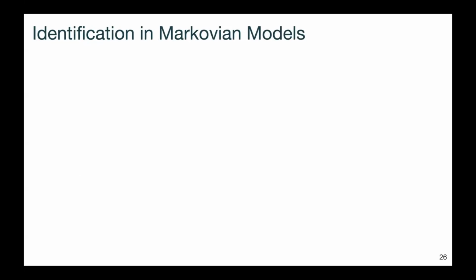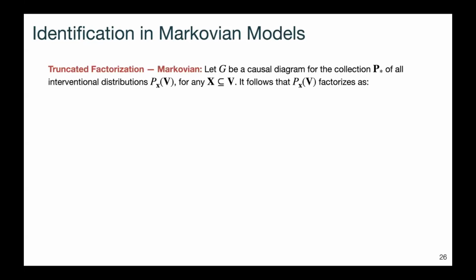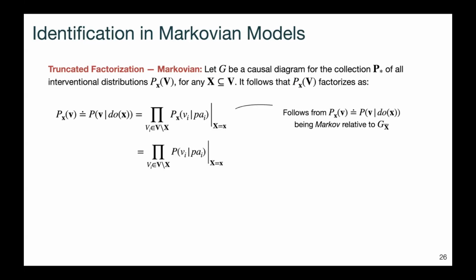So let's start with the Markovian models. As I said, all you need is the truncated factorization, because in this scenario you don't have the U variables anymore. So the truncated factorization reduces to the case where you have only the observed causes. This P_x is a notation for the interventional distribution.